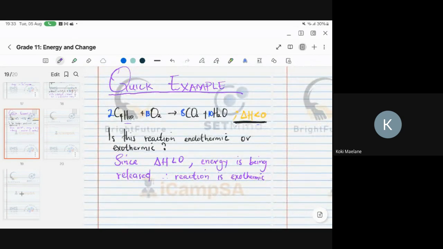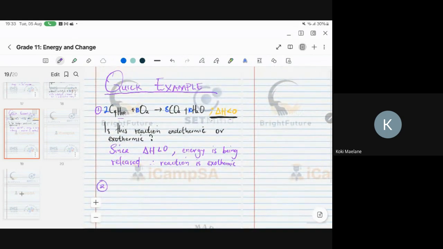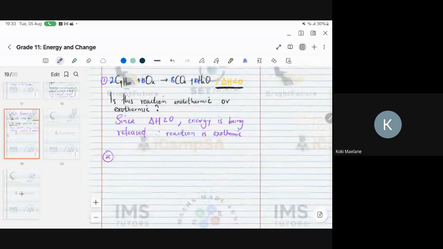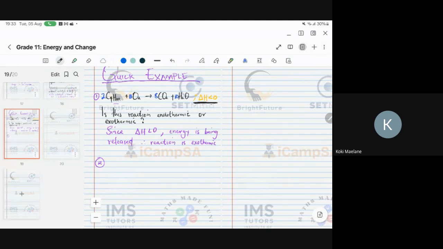Right. So let me say this is our example one. Example two, you might be told, it can come in many different forms actually. You might be told you have an experiment and reactants are mixed in a beaker, right?